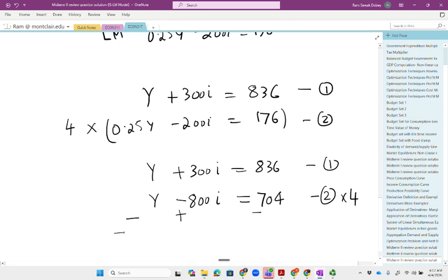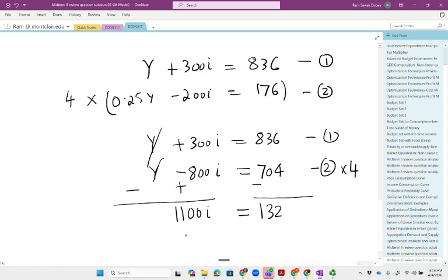That's the way we subtract equations, and you can see y minus y, they cancel out. 300i, and now the second term is plus 800i, so all I have got is 1100i. On the right hand side, 836 minus 704 turns out to be 132.